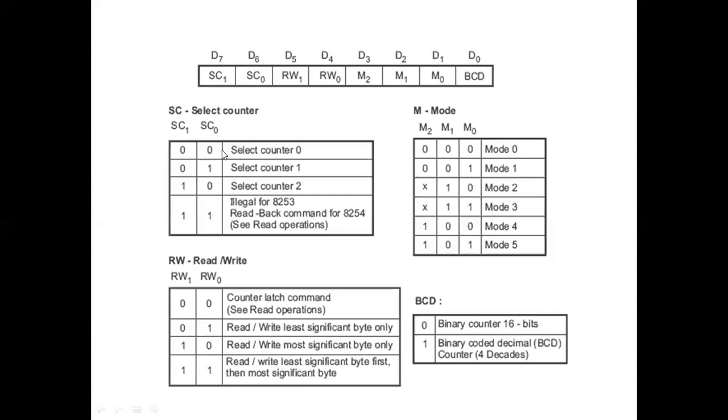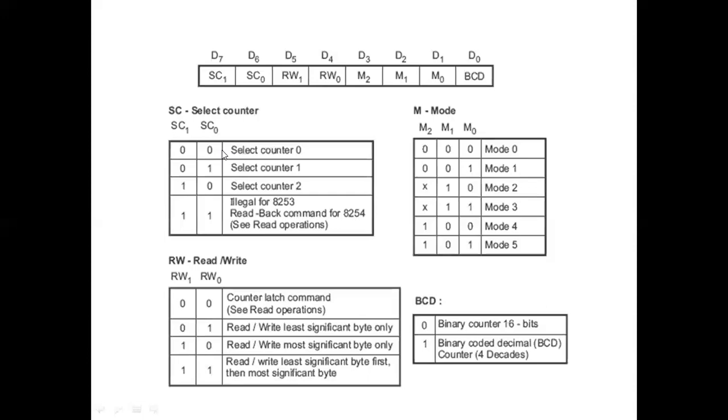M2 is a don't care bit, either 1 or 0. M1 is 1 and M0 is 0, that is mode 2. M1 is 1 and M0 is 1, that is mode 3. M2 1, M1 0, M0 0 is mode 4. M2 1, M1 0, M0 1 is mode 5.